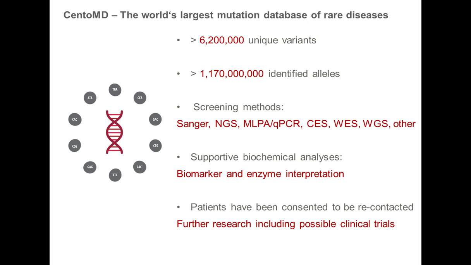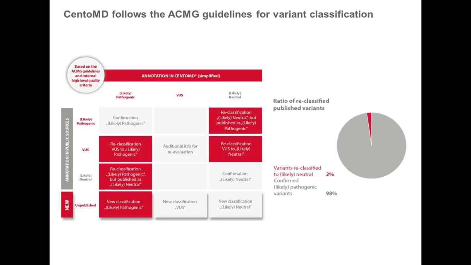There's also some supporting biochemical analysis as well. And more importantly, every patient in that database has been consented to be recontacted. So this is really valuable for pharma or biotech research who identifies a particular genetic marker and may want to follow up with those patients for additional studies or even recruitment in patient trials.